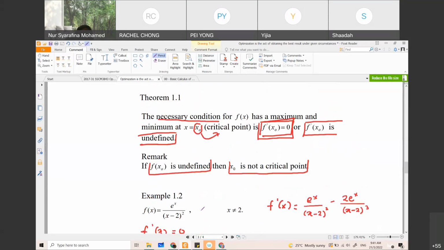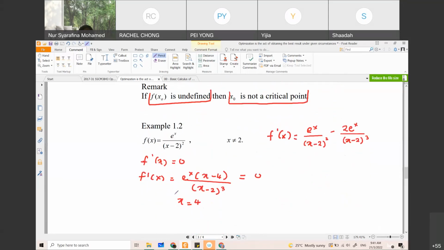By looking at the definition, this x equals 4 is your critical point, because when you substitute x with 4 in f prime, it equals 0. Okay, so this is how you obtain the critical point.